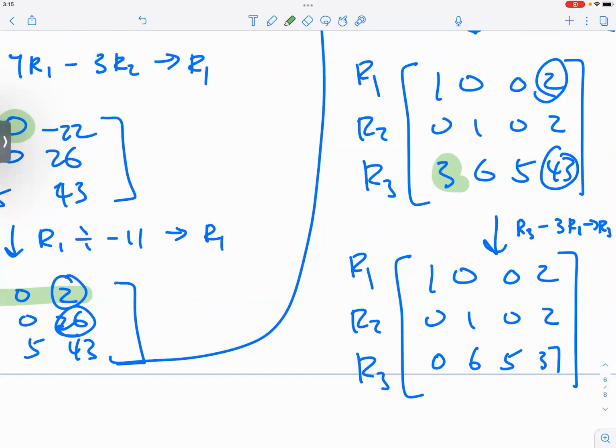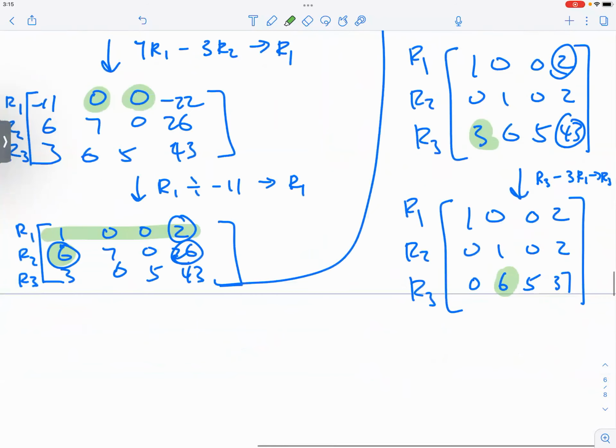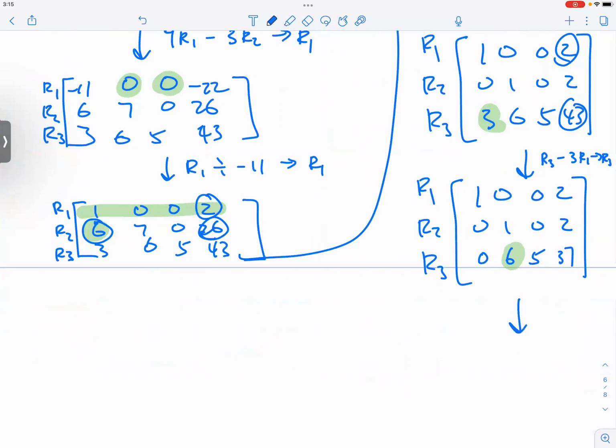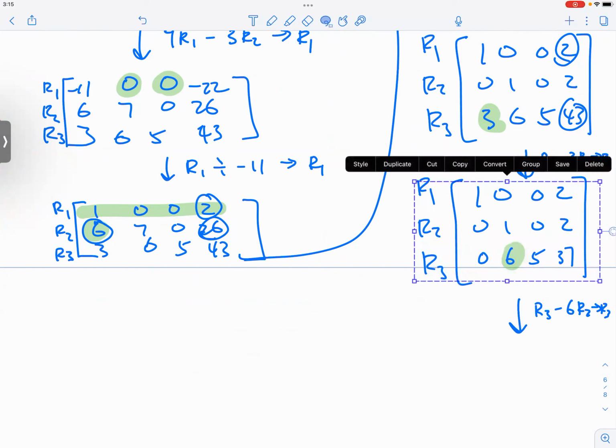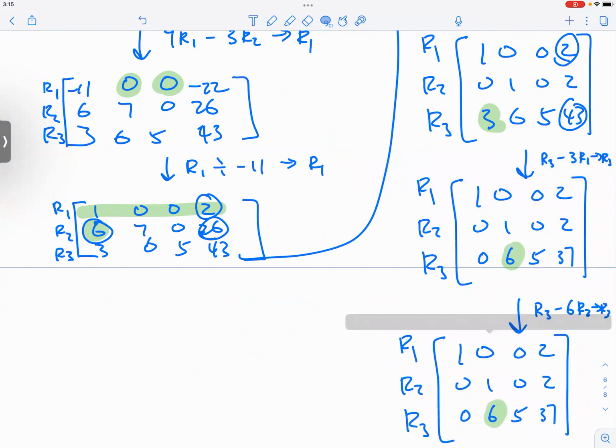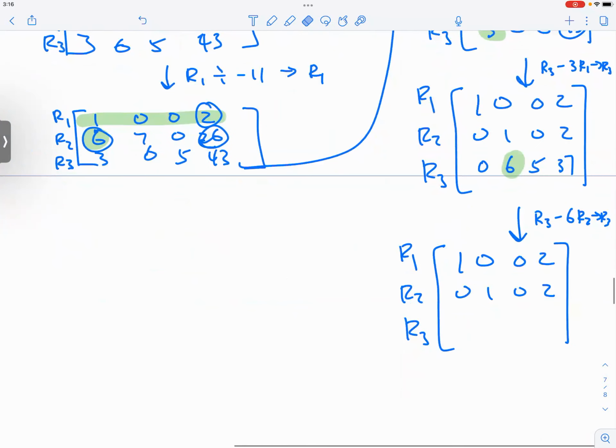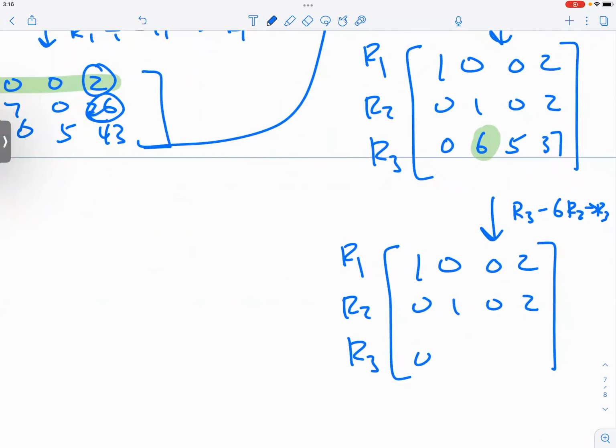And now we are going to make this 0. And to do that, we will say R3 minus 6 times R2 will give us the new R3. And then to do that, I'm going to do the copying again. All right, and then you erased my third row. So my new third row would be 0.